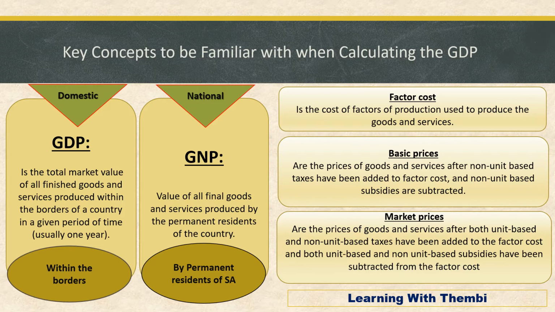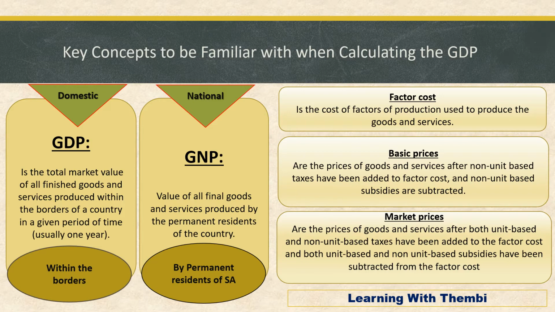So what happens on the market prices is that the market prices are actually the prices which consumers pay for, and this is calculated using the expenditure method.